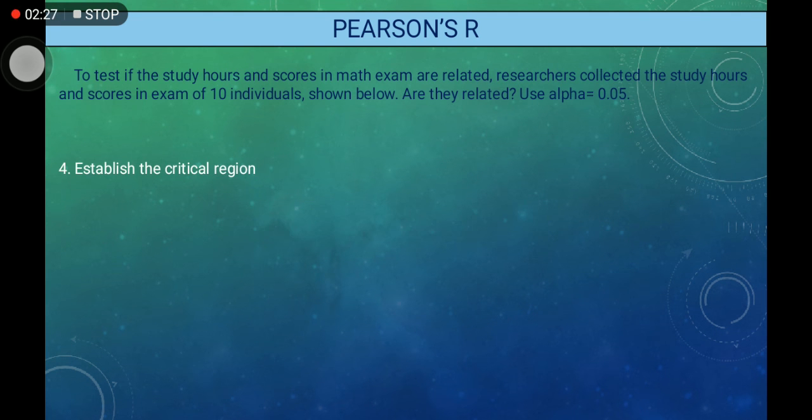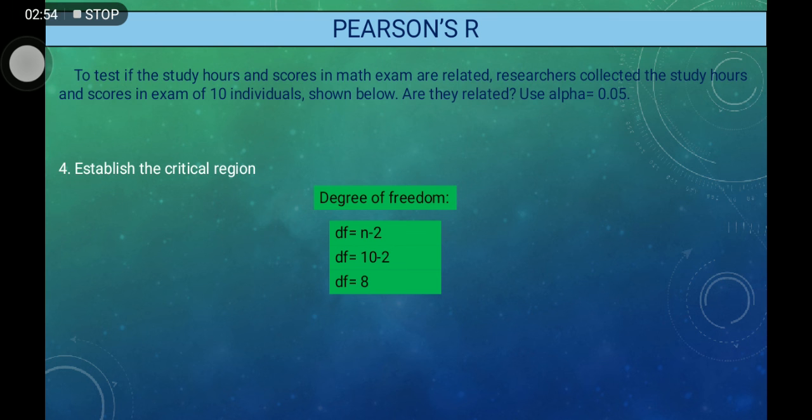Step 4. Establish the critical region. Dito, gagamit tayo ng degree of freedom. Yung formula niya is df equals n minus 2. So, ating n is 10 kasi yun yung kinuhanan natin ng data. So, 10 minus 2, our degree of freedom is 8.